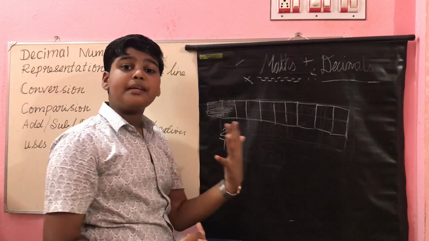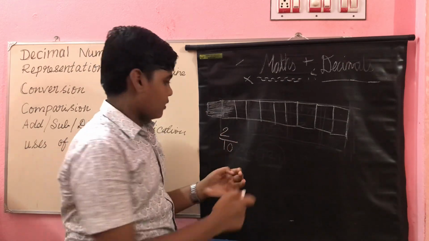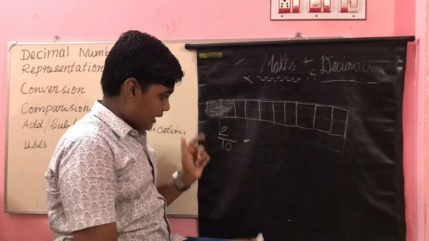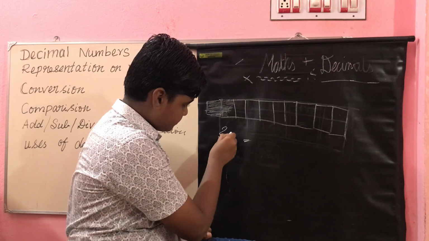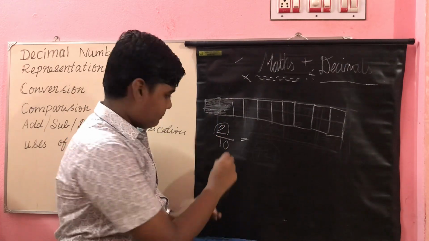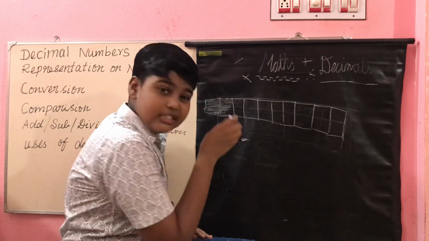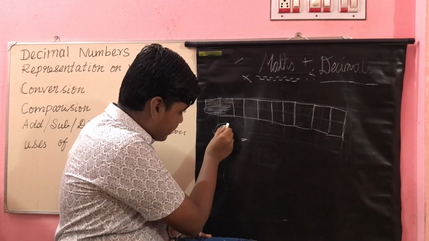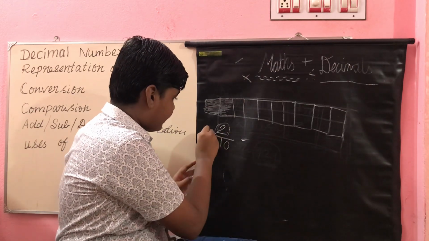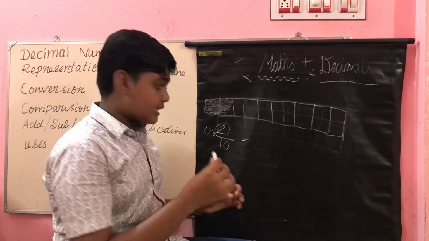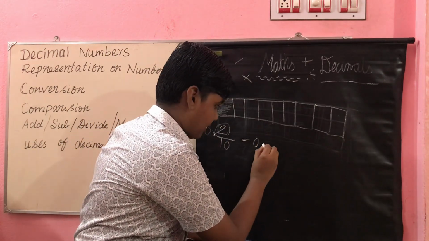So how can we write this as a decimal number? What do I mean by this? Here we will just be dividing it by 10. So the 2 will come here and here will be the point and here we will add a 0. That's how this number can be changed into 0.2.